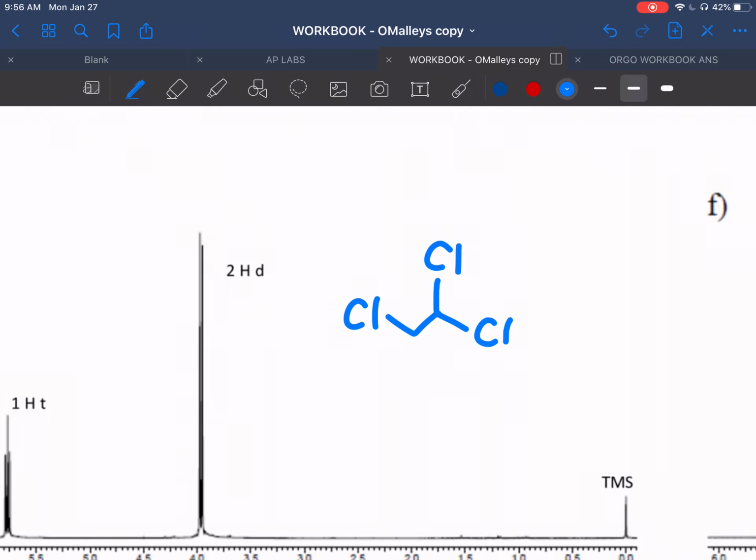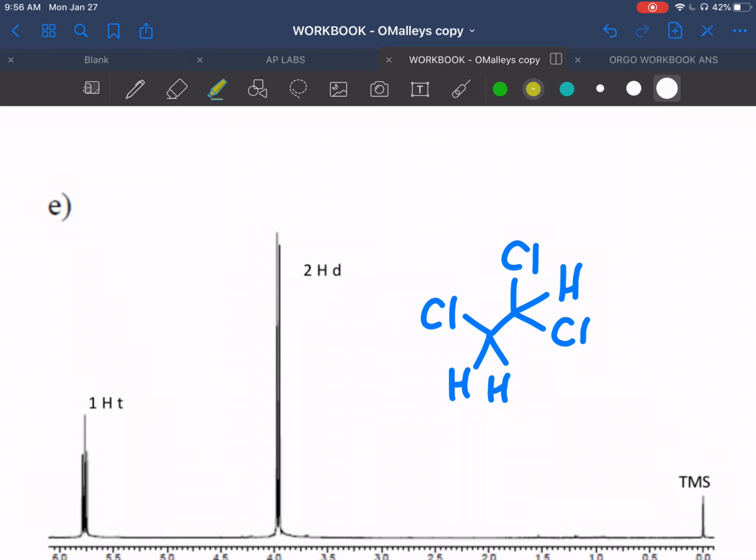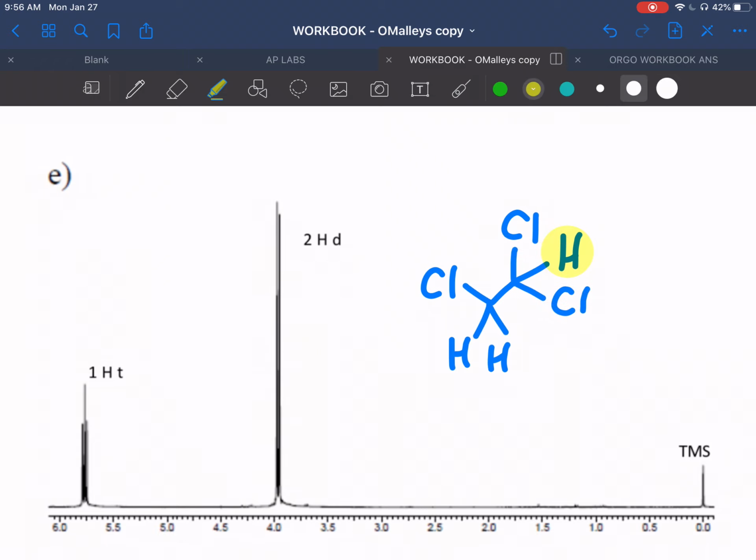And for this one, we'll just draw out the hydrogens. We actually saw the tribromo version of this same kind of structure a few lessons ago, and it looks very similar. You've got a single hydrogen right here that's next to 2 halogens, so very electron poor, and as a result, it's split into a triplet because it sees these two neighbors.